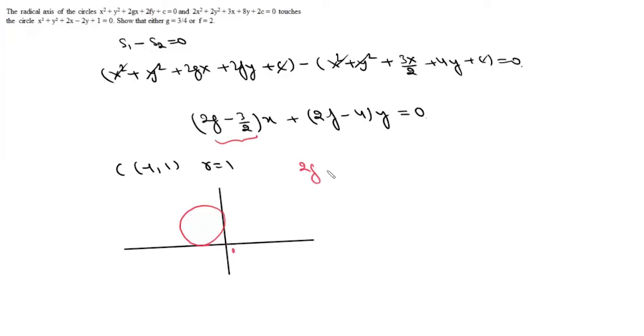So either 2g − 3/2 must be 0, or it should be the y-axis, that is x = 0, where we'll have 2f − 4 = 0. That means either g must be 3/4, or f must be 2. And this is what we need to prove in this question.